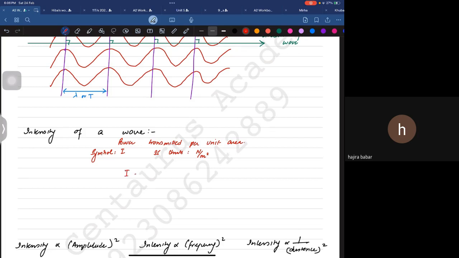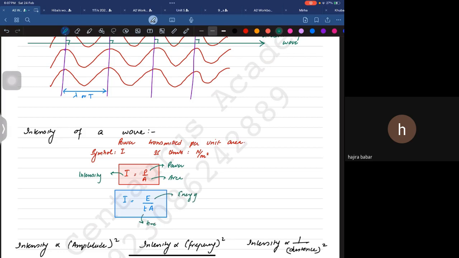Intensity is written as power over area, like that. But sometimes we also like to write it as intensity equals energy over time over area, because power is energy over time. That's why. Let's mark those. This is intensity, power, area. This is energy. This is time.